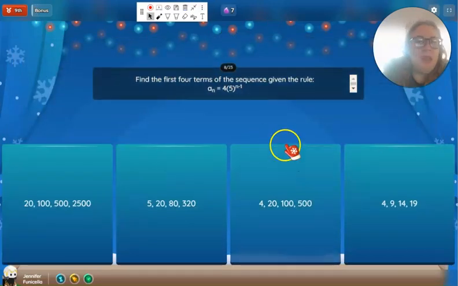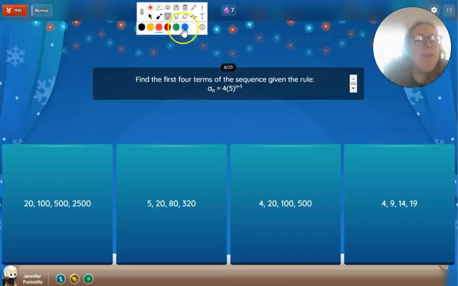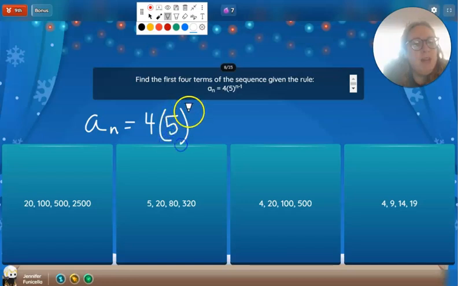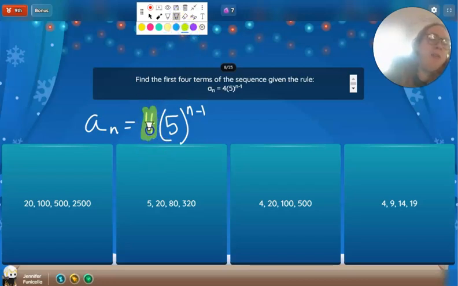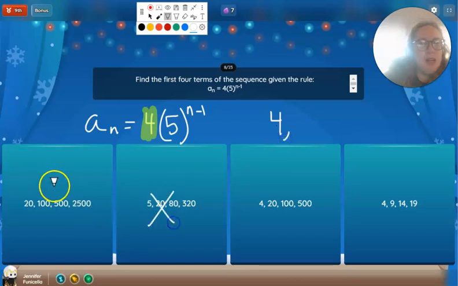Nice job, y'all. Find the first 4 terms of the sequence given this rule. So we have, this is fun, a sub n is 4 times 5 to the n minus 1. So remember, our a1 is in the front, so our first term is a 4. So we know it's not A and not B. Now our next thing tells us, hey, the multiplier in the parentheses is 5.